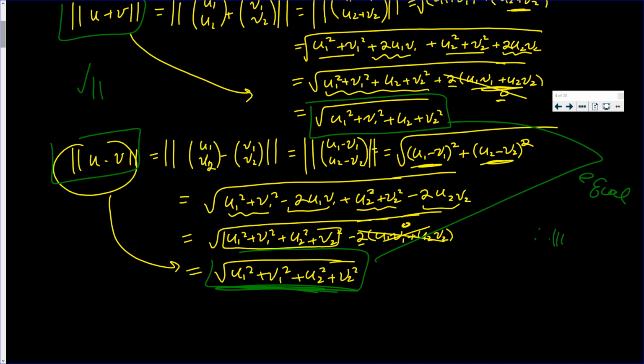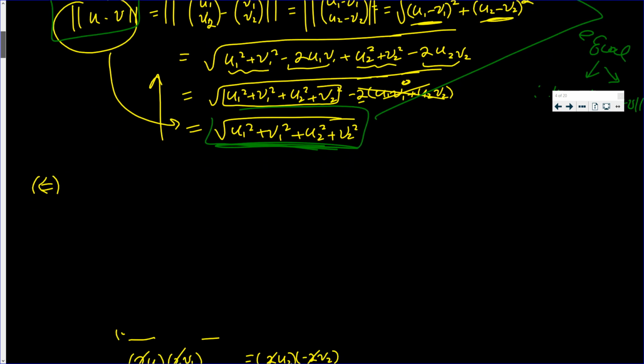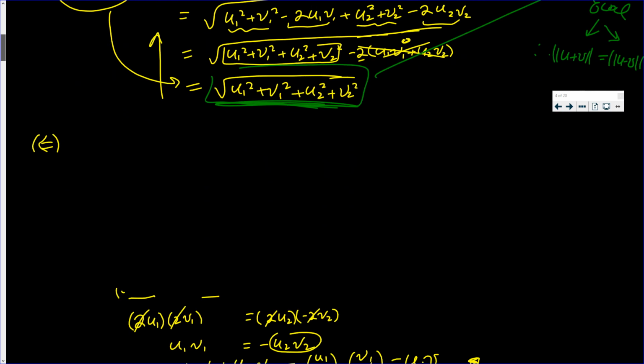Therefore, the length of u plus v is equal to the length of u minus v. Okay, so we proved it in one direction. I suspect you can just read it backwards to get the other direction, but let's actually prove the other direction as well.